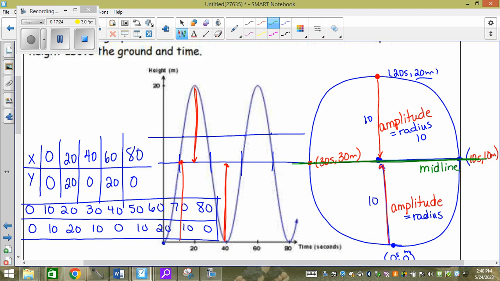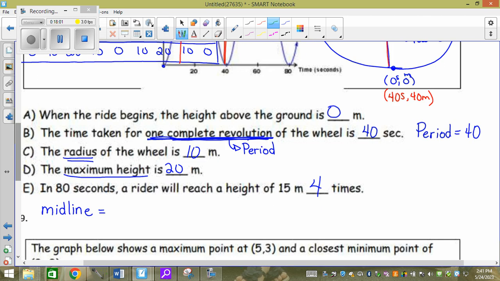What does it correlate to on the wheel? Where is that on the wheel? Starts with a C. Ooh, where is that on the wheel? It's crossing right through the where of the wheel? The center. The very middle of the wheel, the very center of the wheel, is the midline, right? The midline is what cuts the graph in half. It also cuts the wheel in half. It's the center of the wheel. So midline and center are interchangeable.